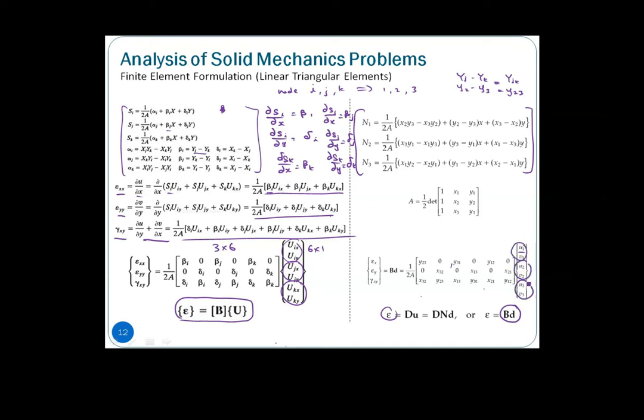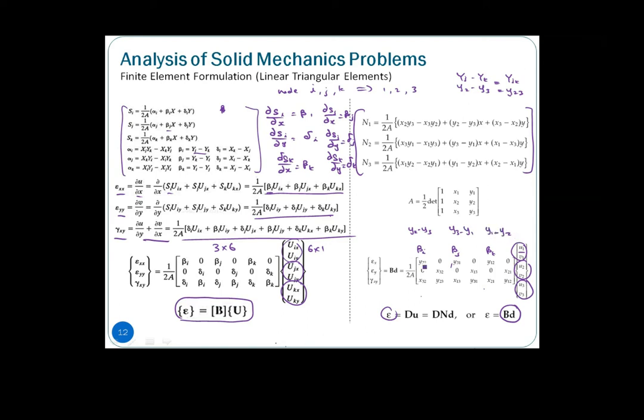So y23 refers to our beta; this is also beta i, beta j, beta k. y23 here is y2 minus y3, this is y3 minus y1, and this is y1 minus y2.